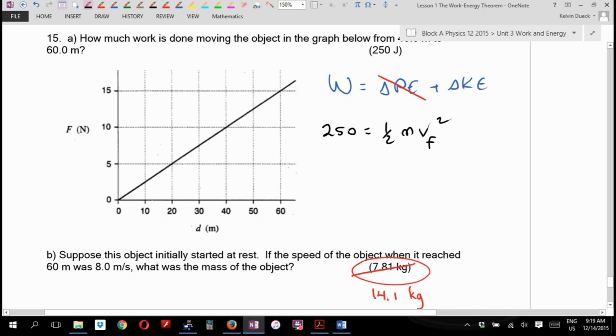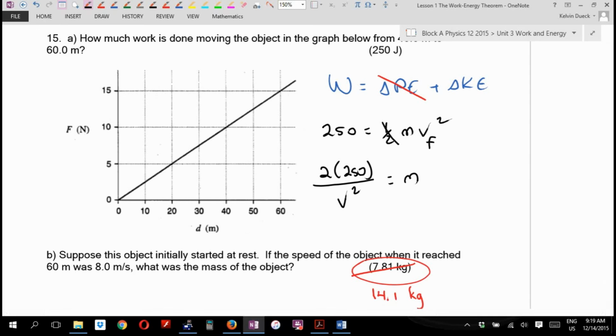I'll times by 2, that takes care of the half. I'll divide by v final squared. That should be the mass, so it should be 2 times 250 divided by 8 squared equals m.